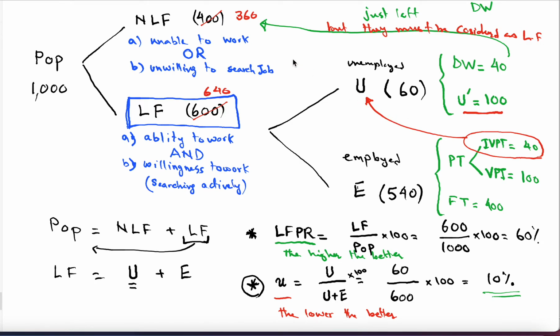So although statisticians called them employed, they are actually unemployed because it is against their will.